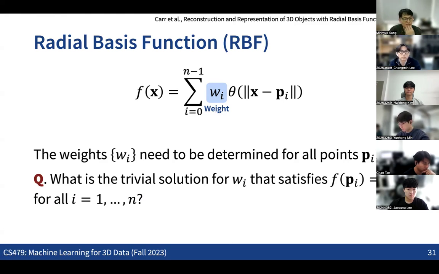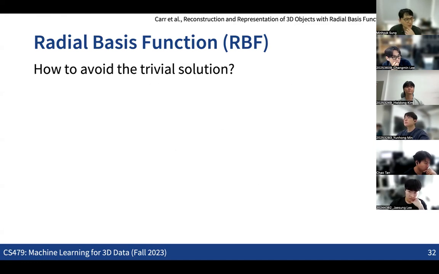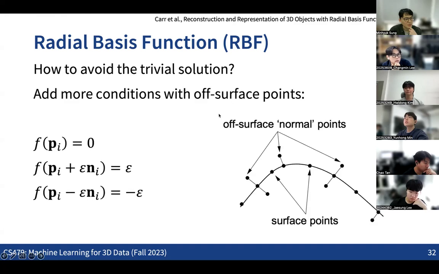So this means that in this setup, we still need some more conditions or constraints. There are a bunch of ways to give them, but the simplest idea for avoiding the trivial solution is to use the normal information. What we're going to do is take some off-surface points based on the surface normal.